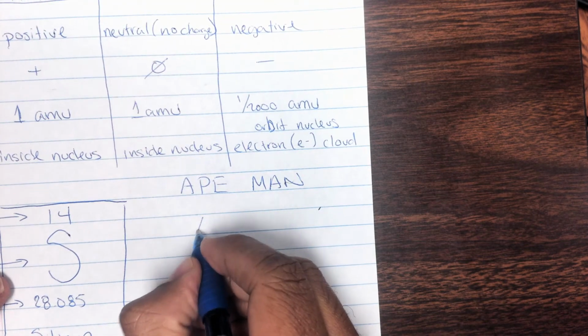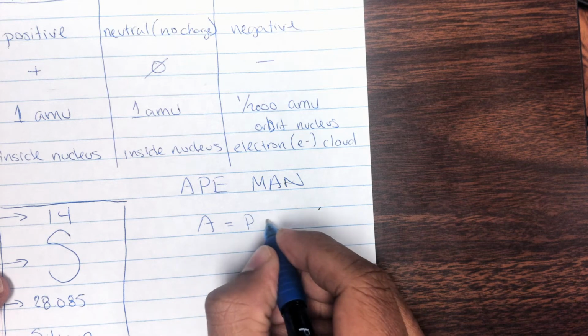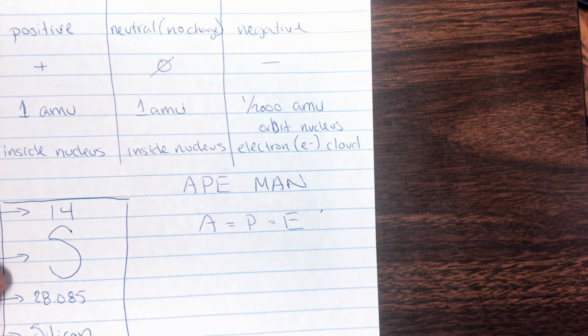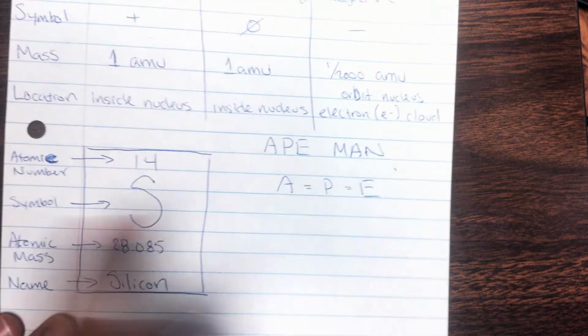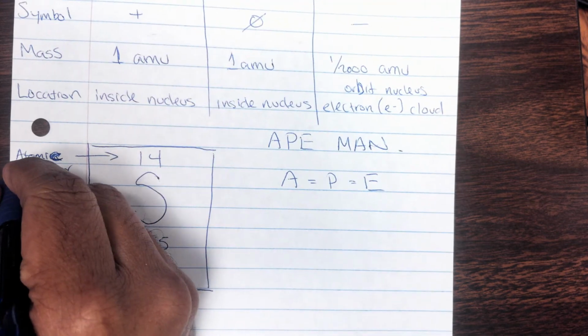So you're going to write A equals P equals E. APE. And that means the A stands for this A right here. If you want, you can underline it.